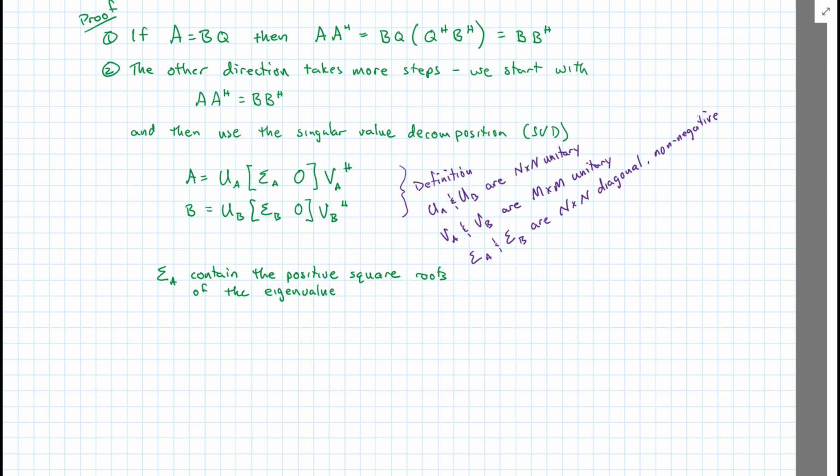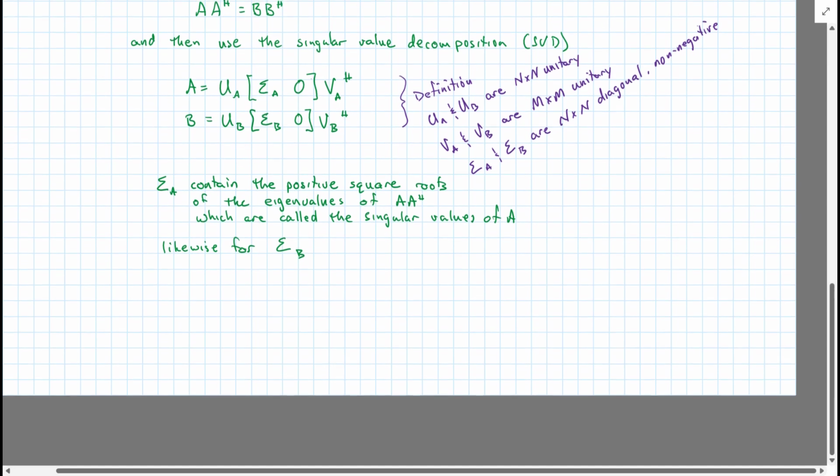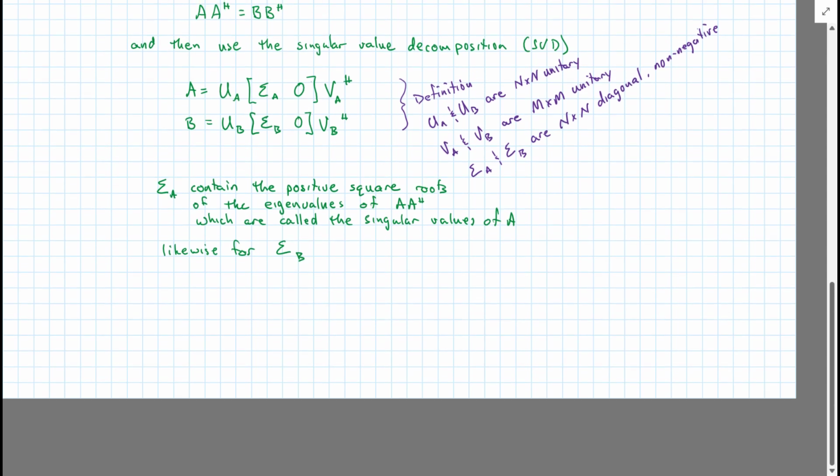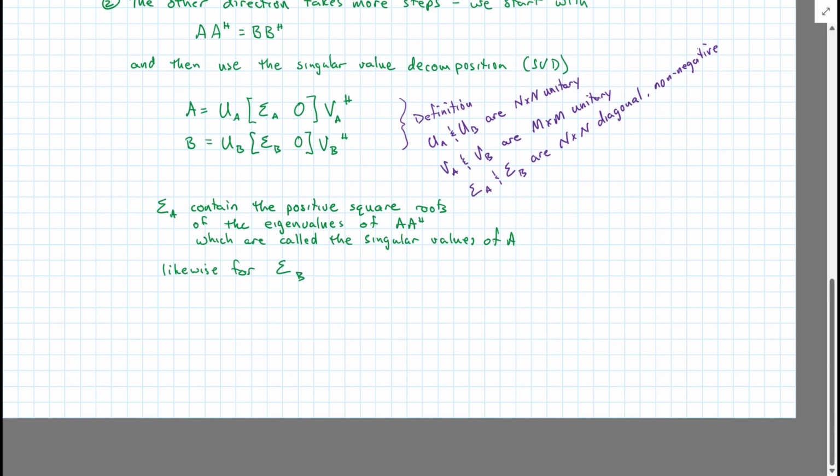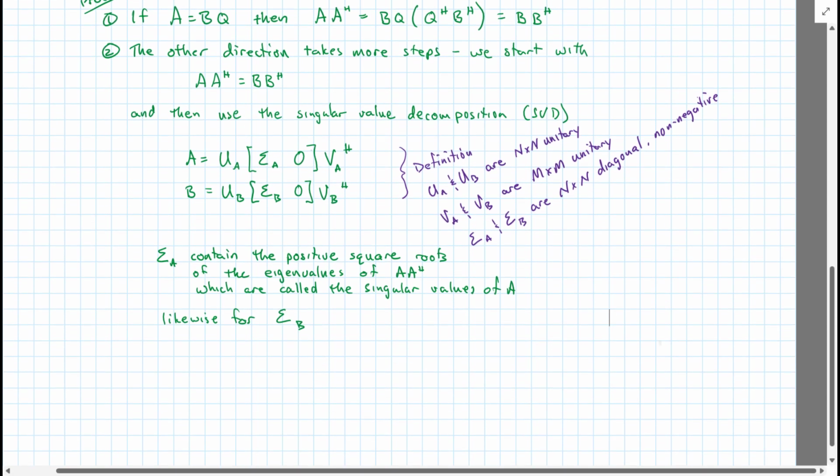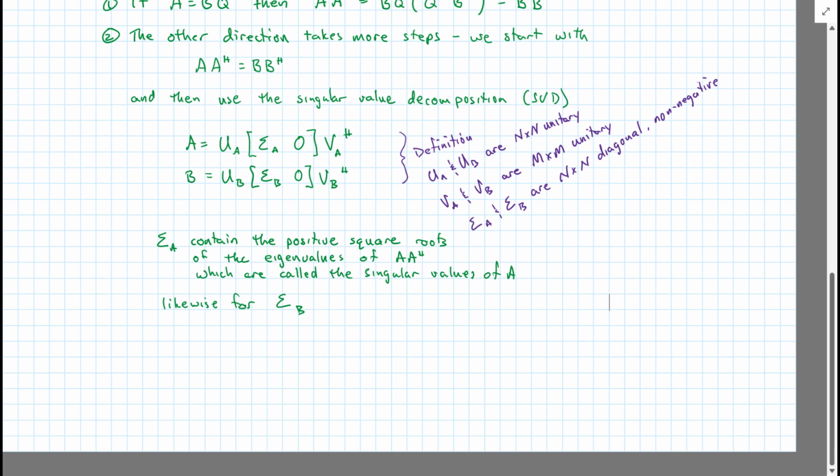And they are called the singular values of A. Since the sigmas contain the positive square roots of the eigenvalues of AA^H, and we postulated for this part of the proof that AA^H is equal to BB^H, then sigma A and sigma B must be equal. They're based on the same eigenvalues.